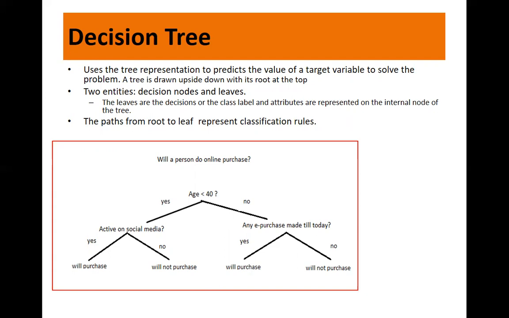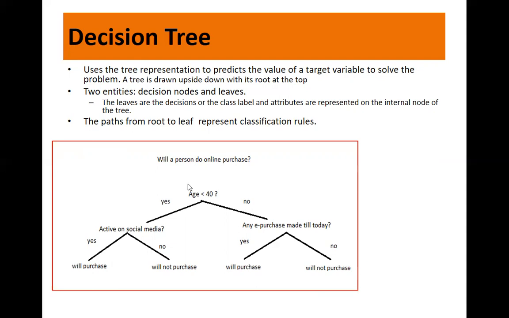Information like the age of the person, whether the person is active on social media, whether he has made any e-purchase till today, etc. Now the decision nodes here are questions like: what is the age? Is he active on social media? Did he make any online purchase? And the leaves are the outcomes, either will purchase or will not purchase. So in this case, it's a binary classification.